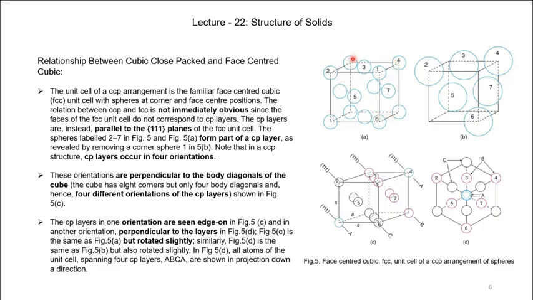Then this is how we see, and therefore we know very well that one corner sphere is shared by 8 other unit cells. So all these 8 corners here are shared by 8 other units. Therefore, only one atom, one sphere, we get here.